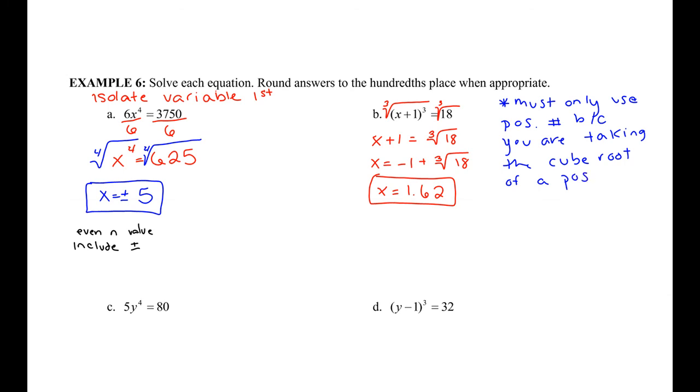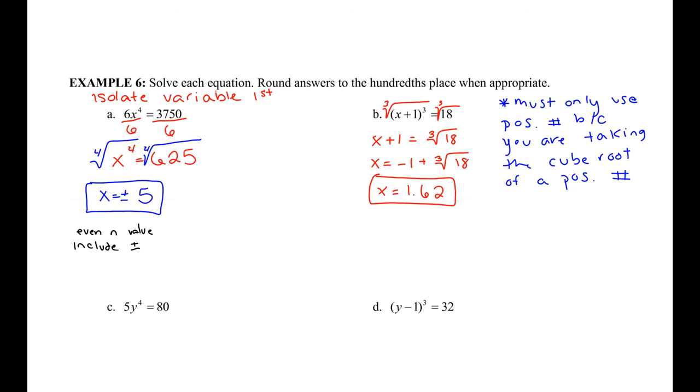And this is true because multiplying a number by itself 3 times, if I want to end with a positive number, I need to start with a positive number. A negative times a negative times a negative is going to give me a negative answer, and the 18 is positive. So that's how we know we're using the positive x value.